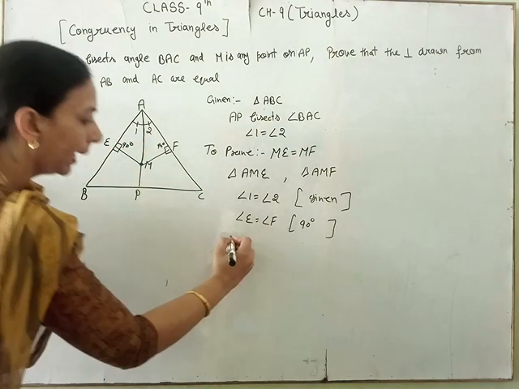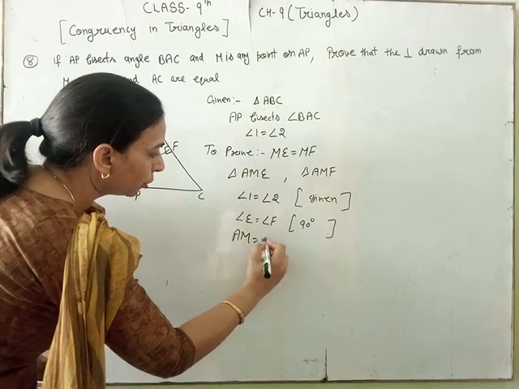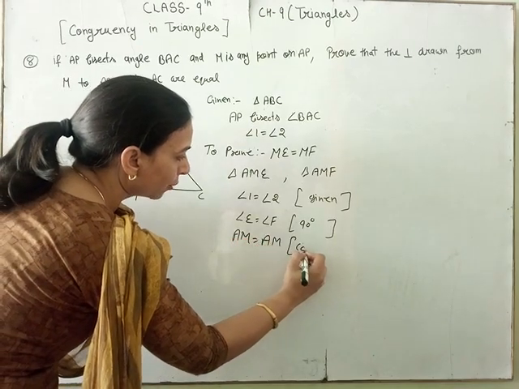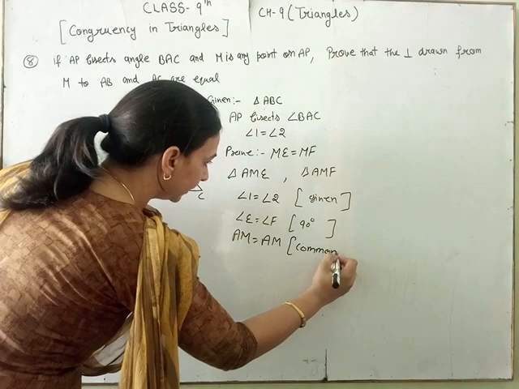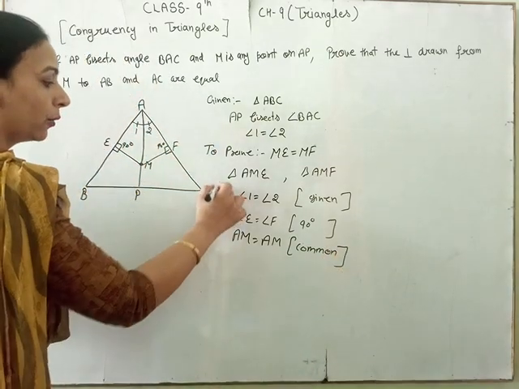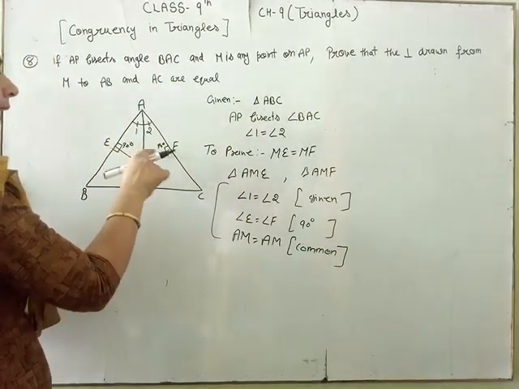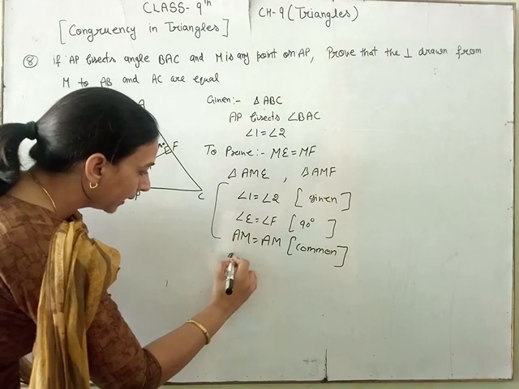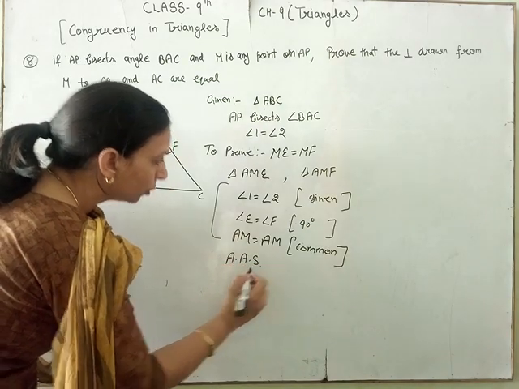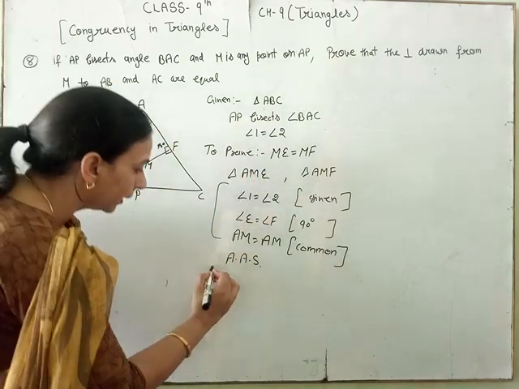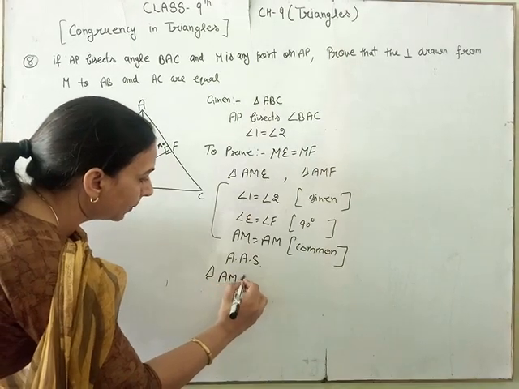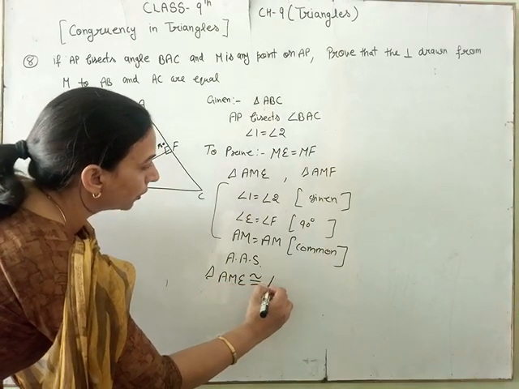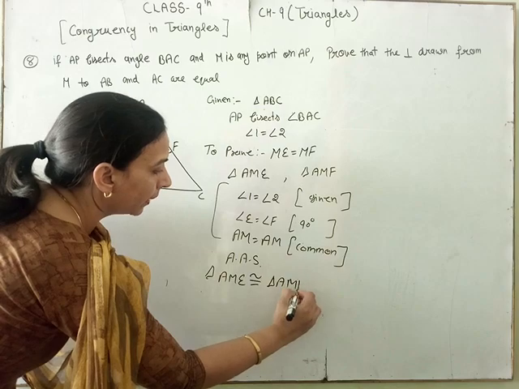Then AM equals AM, and this is common. Then three conditions are satisfied. According to two angles and one side, the two triangles are congruent. Triangle AME is congruent to triangle AMF.